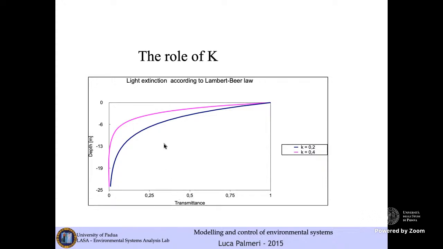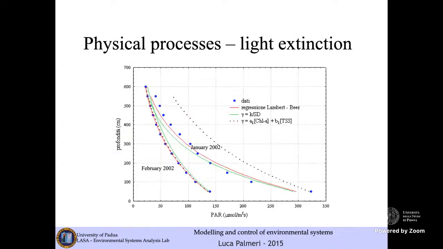In this case, we may write that the transmittance as a function of depth tends to decrease, and it decreases more quickly as the depth of the water body increases. So on the surface, we have top transmittance, and when we go deep, we have a significant decrease in transmittance, going to zero when there is no more light crossing the water layer.